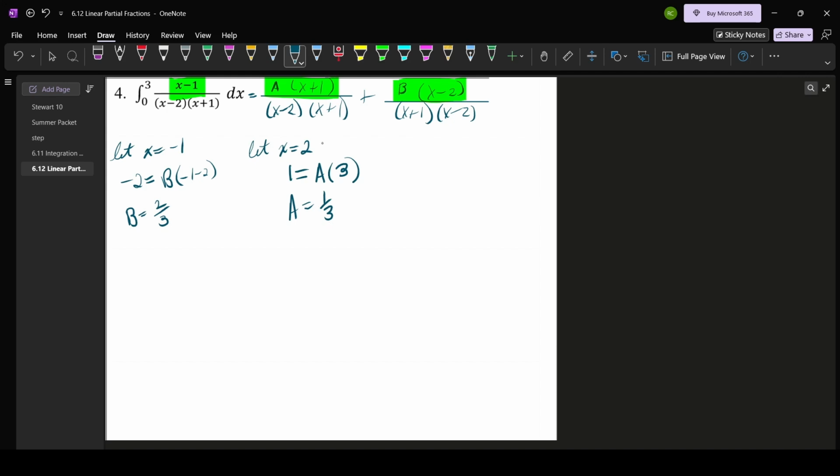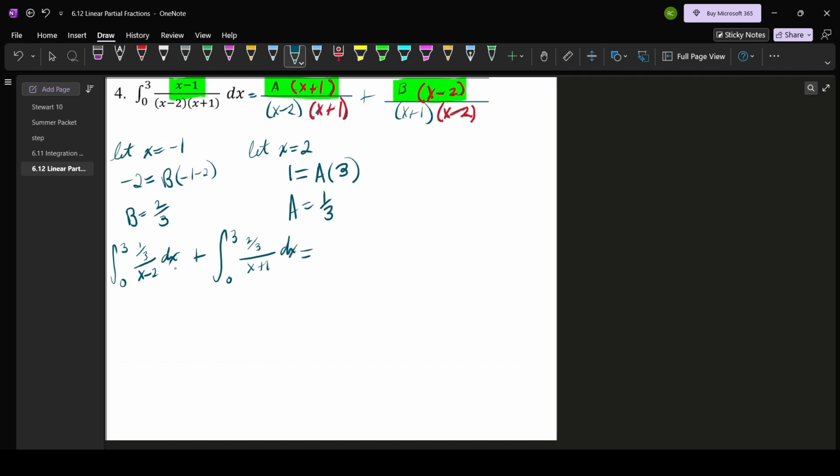Okay, so now let's rewrite our integral as a sum of two different definite integrals. A, which is 1/3, over x minus 2 dx, plus integral from 0 to 3 of b, which is 2/3, times 1 over x plus 1 dx.